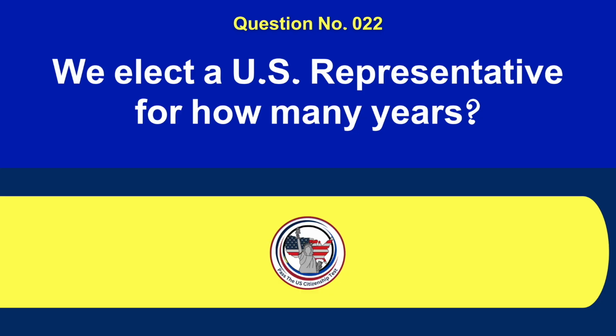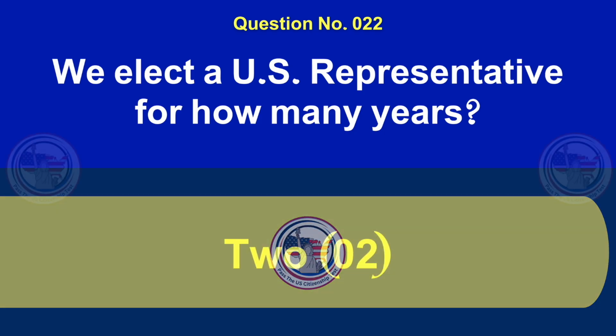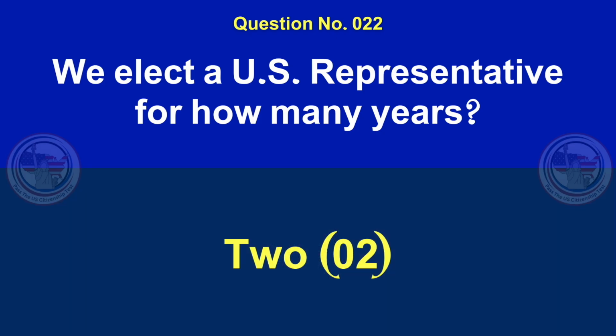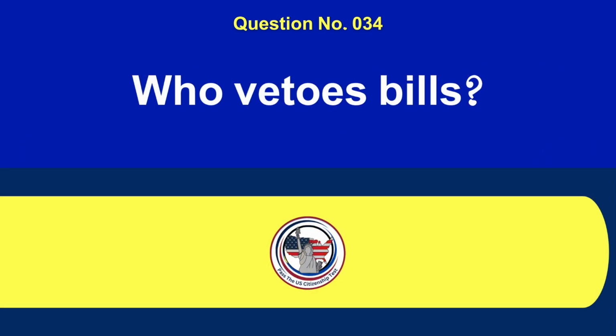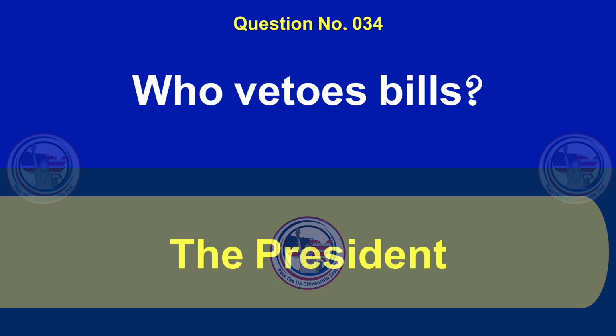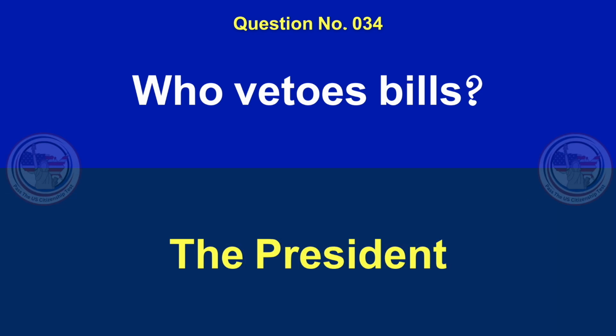We elect a U.S. representative for how many years? Two. Who vetoes bills? The President.